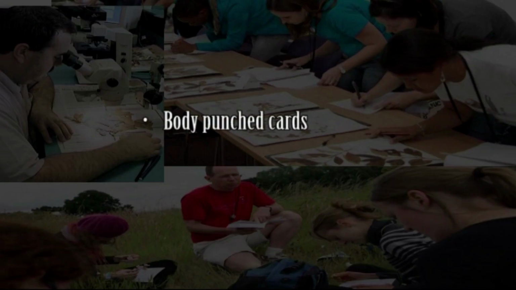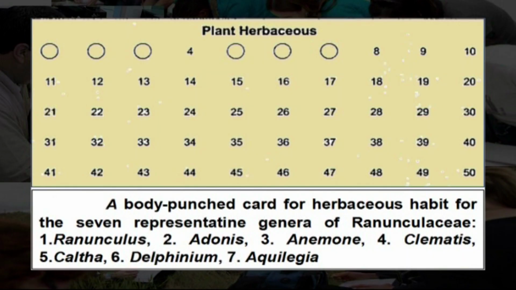Such identification methods often make use of punched cards. The two basic types of punched cards are number 1, body punched cards, and number 2, edge punched cards. Now, first we deal with body punched cards. These cards, also named as window cards or peekaboo cards, make use of cards with appropriate holes in the body of the card.